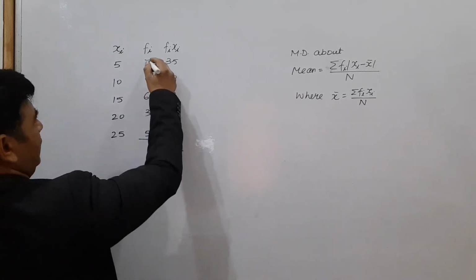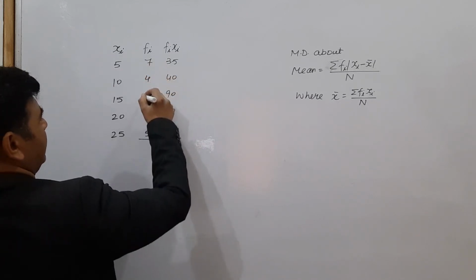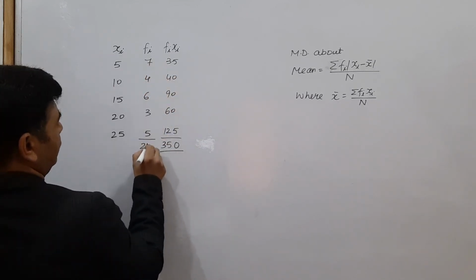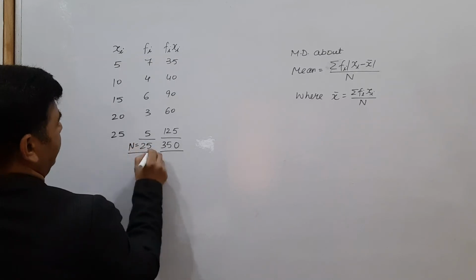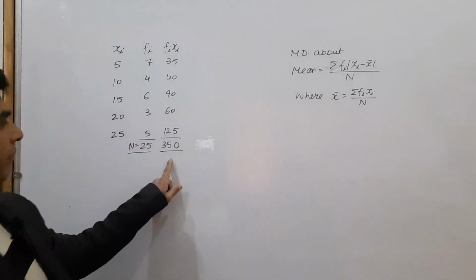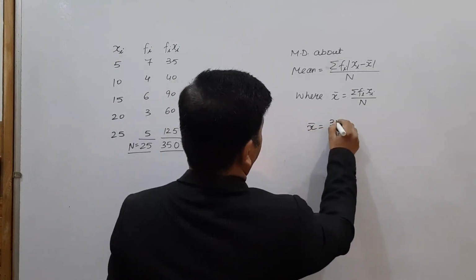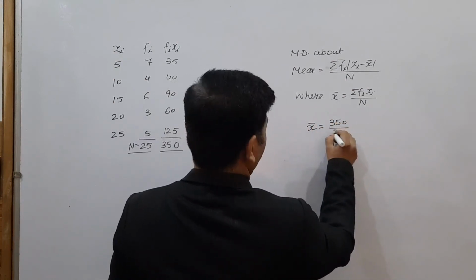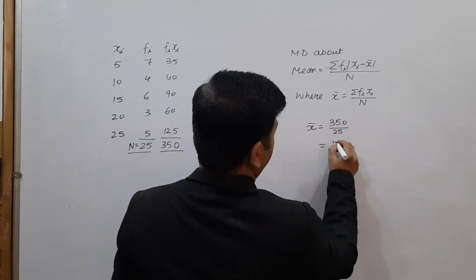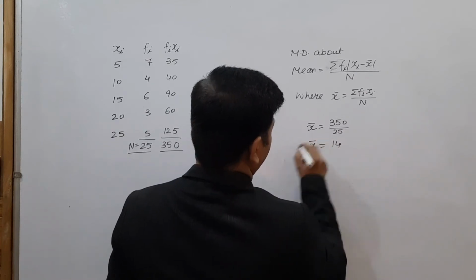And 7, 4 is 11, and 6 is 17, 3 is 20, 5 is 25. So this is the value of capital N, 25. This is summation of fi xi. So mean x bar will be given by 350 divided by 25, which is your 14. So value of x bar is 14.